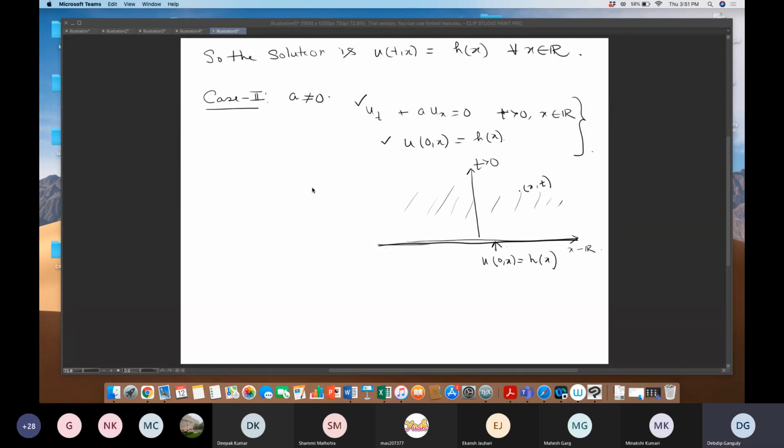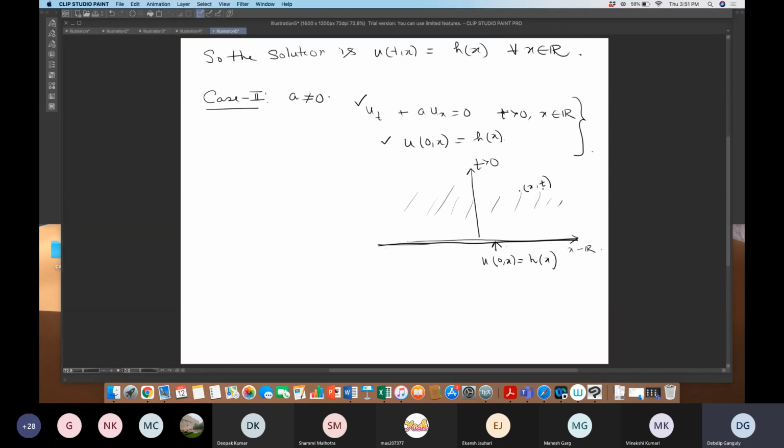Okay. So this is your domain. You have to find for every point (x, t) a solution u(t, x) such that it satisfies this PDE and also the initial condition. Now let me define a curve in R2.